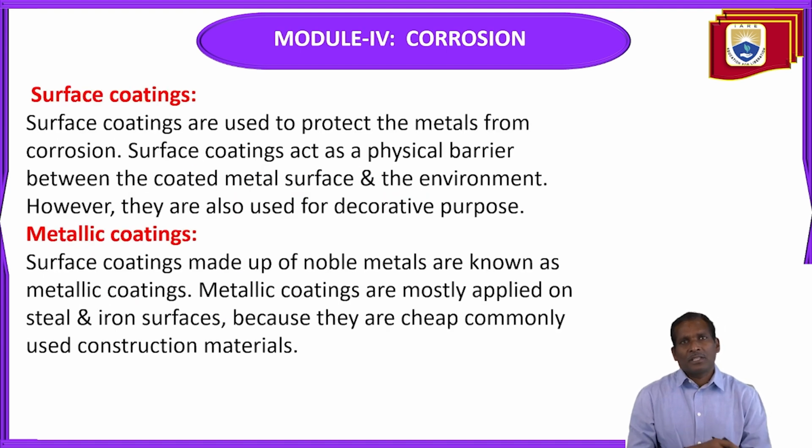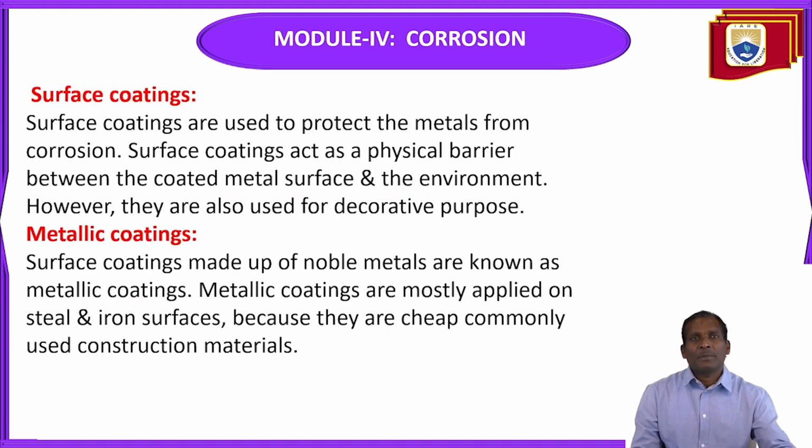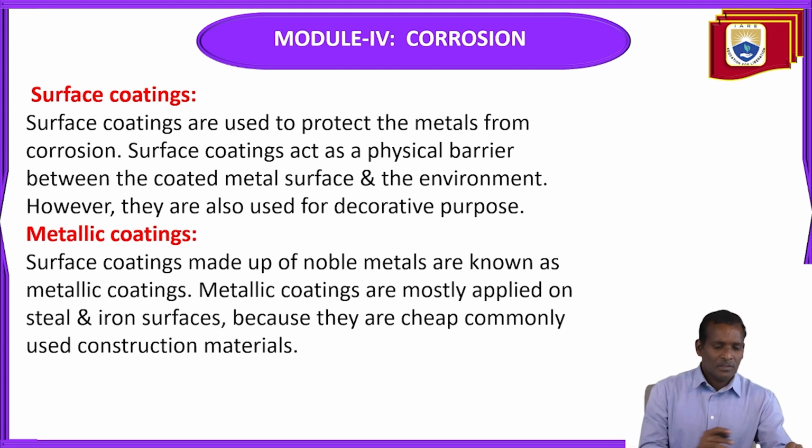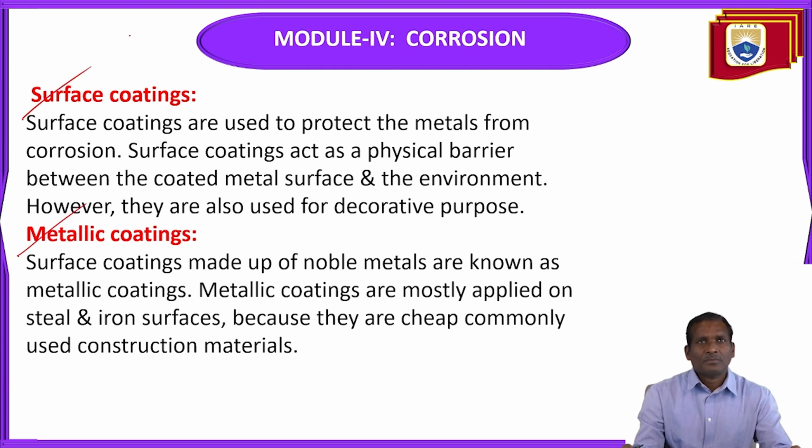Next, surface coatings. This is another method to protect from corrosion. The surface will be protected by applying these coatings. The surface coatings are used to protect the metals from corrosion.